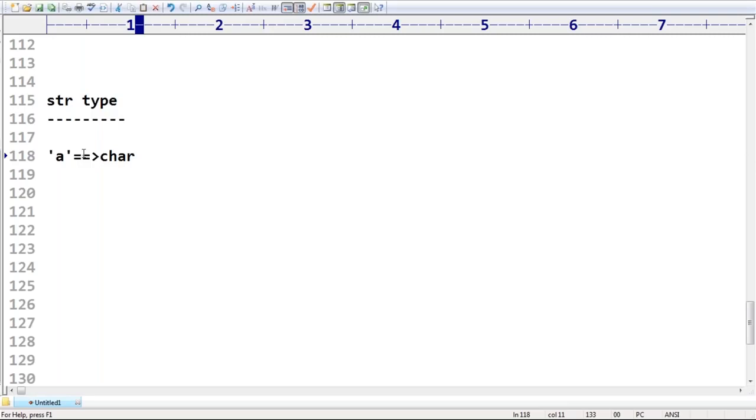But in Python there is no char data type. We have only str, and even a single character is by default str type.